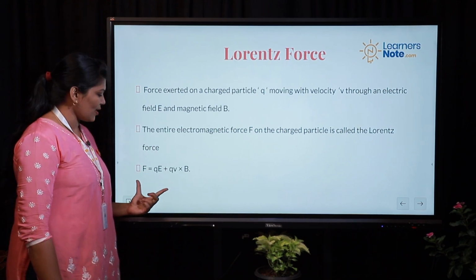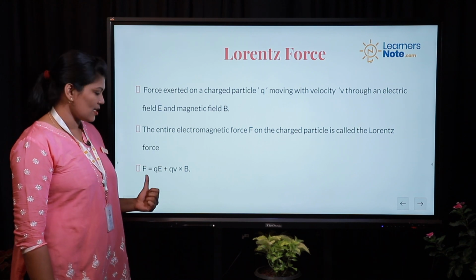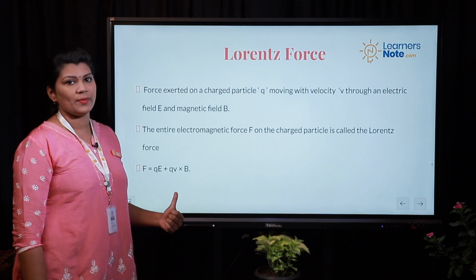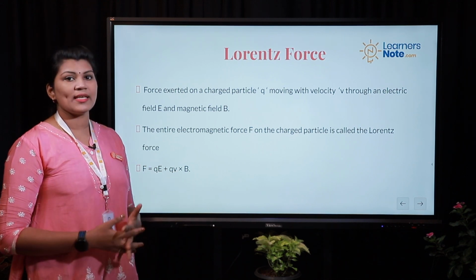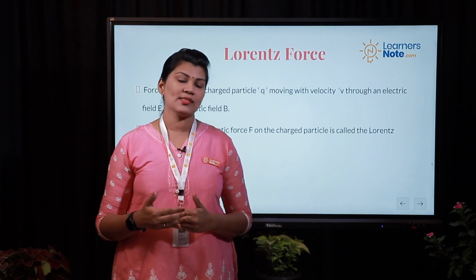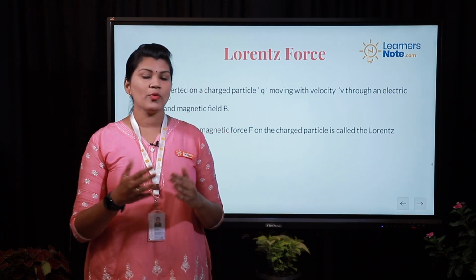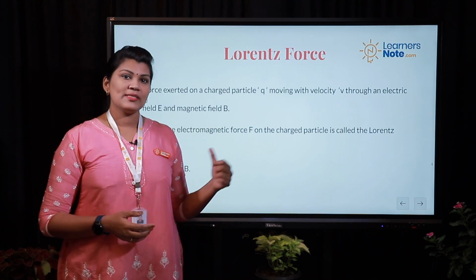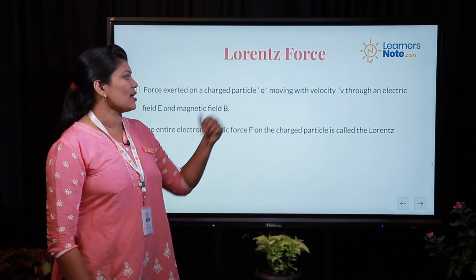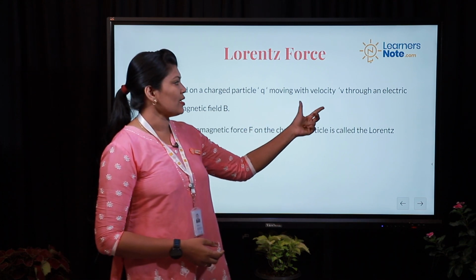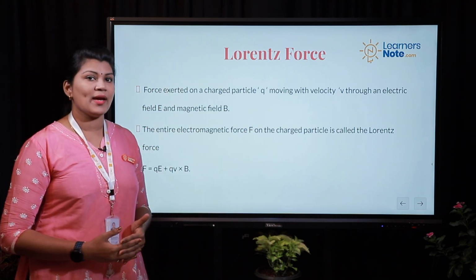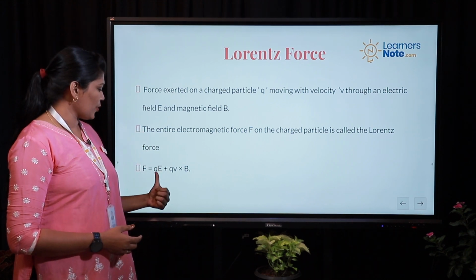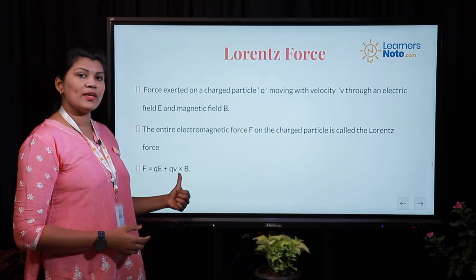We can write an expression for that force as F equals QE plus QV cross B. This is the total force experienced by the charged particle while it is moving in a uniform electric and magnetic field.